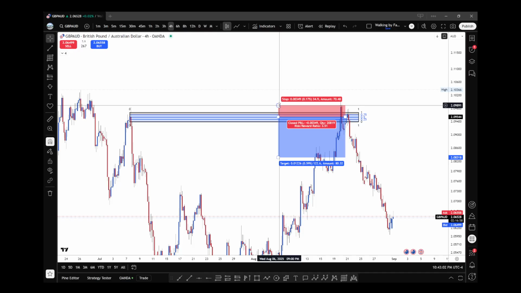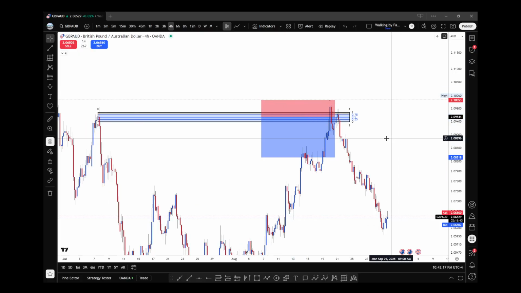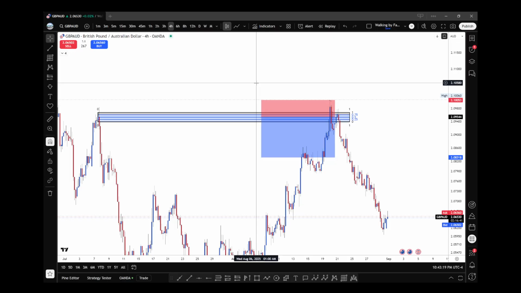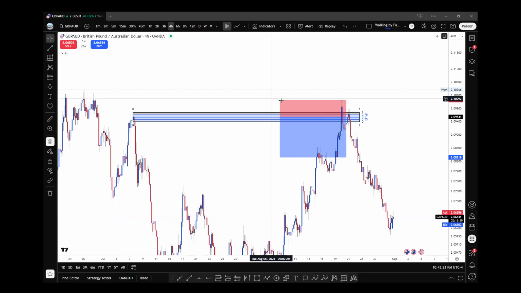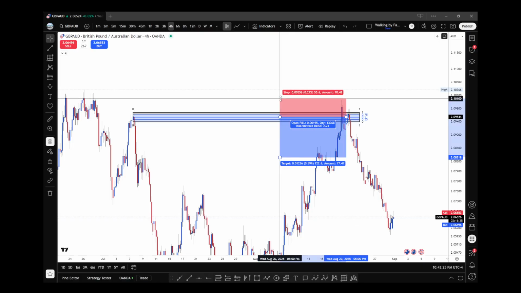A good generic number to let the market breathe is 50 pips. Oh, look, this one even hit 50 pips. Oh, interesting. GBP usually, we give it 50, 55 pips. Yep, 55 pips. That's 55 right there.